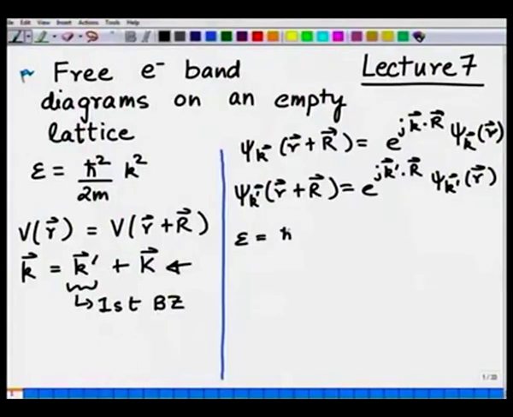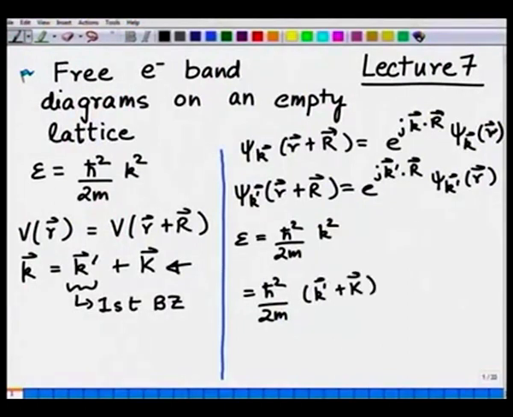Keeping track of it, I can always calculate energy: if I know K prime and I know what K I have used, then since my energy goes as K square, it is equal to h square by 2m times K prime plus K vector, squared. Let us write the square explicitly. That is the same thing.